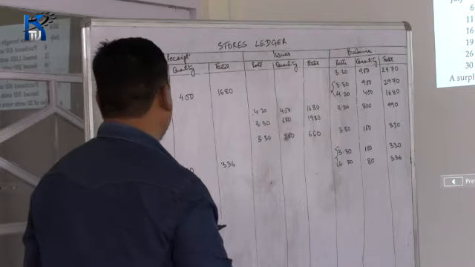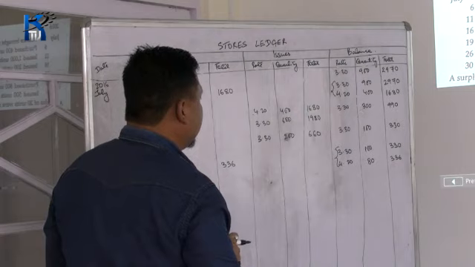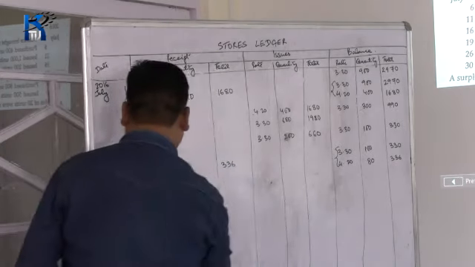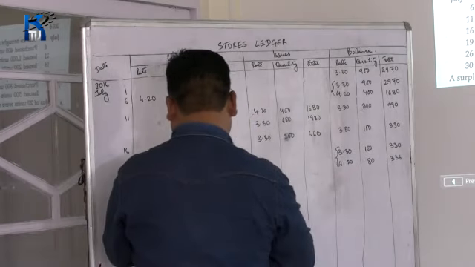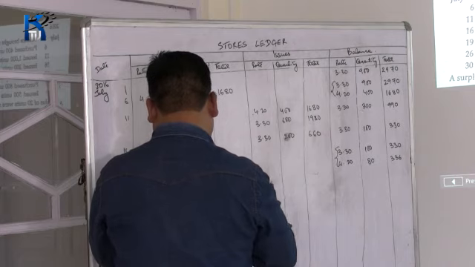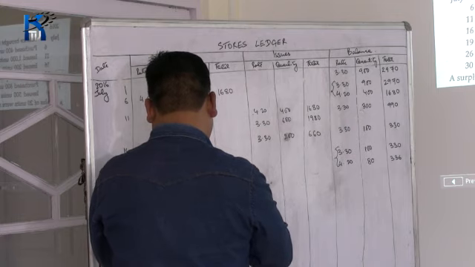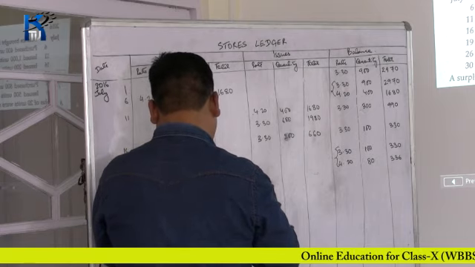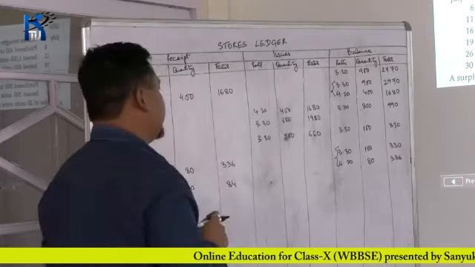So at this amount, we will have to take the latest rate, that is 4.20. It is 84 rupees.